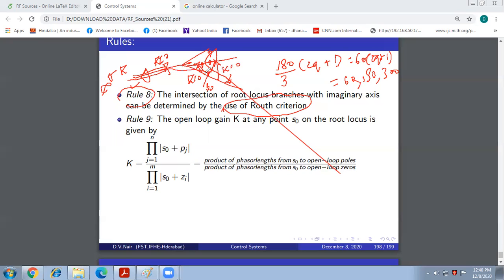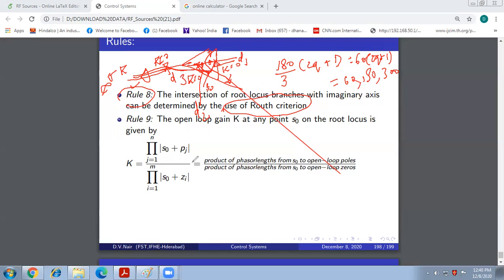So that's how I have joined here. Then I have three phasors. D1 is the length of the phasor joining the pole at the origin to s naught, and let us say this is given by d2, and this phasor is given by d3.